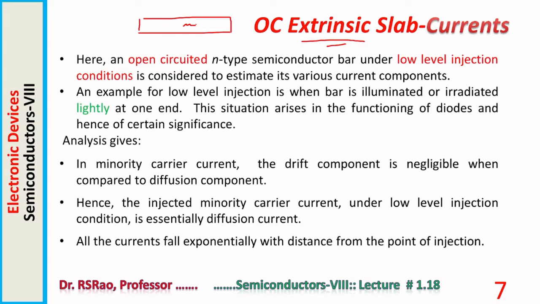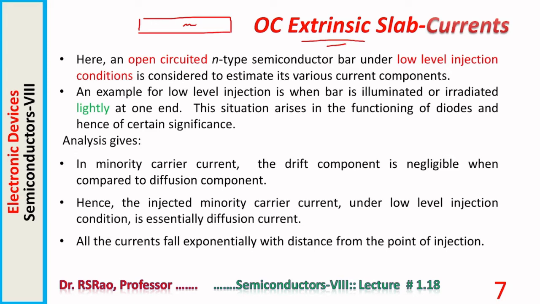Electron moving means electron current comes into being. Holes moving means hole current comes into being. Electron movement is associated with drift and diffusion, so two components. Holes are also associated with drift and diffusion, again two components.